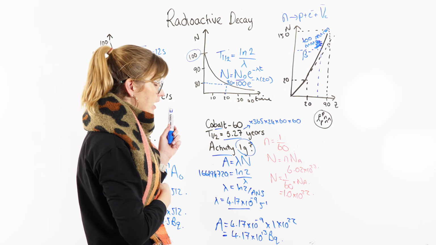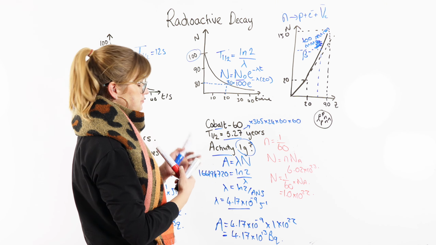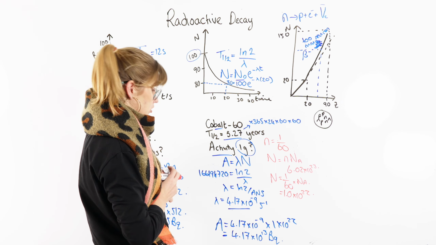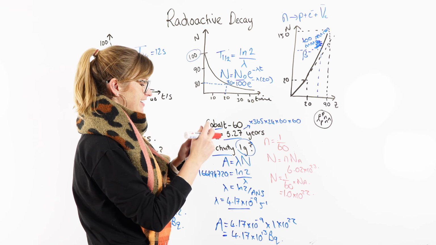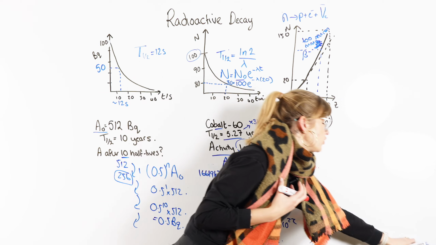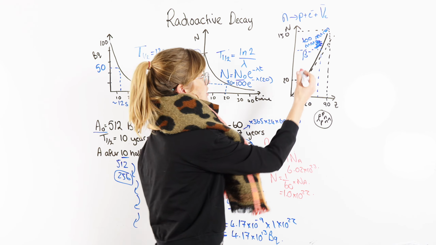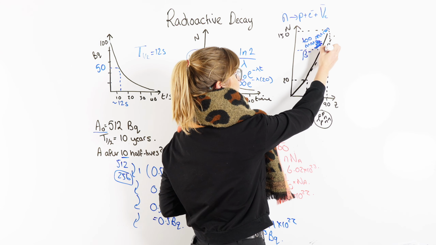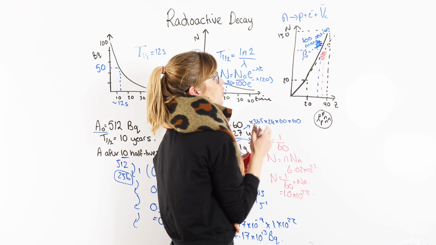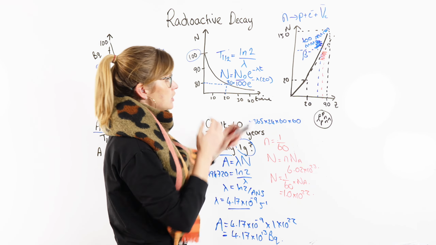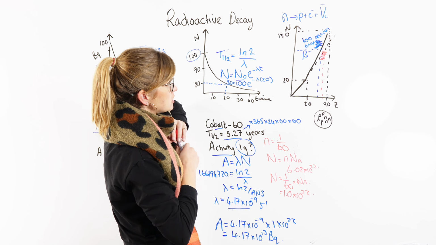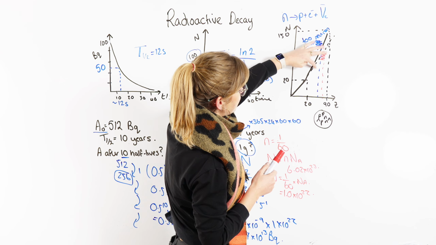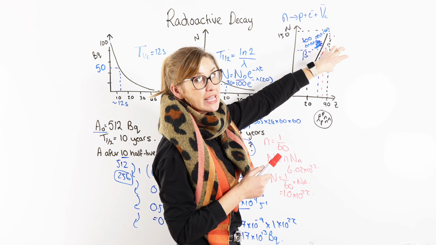If it's towards the right of that stability line, let's say it falls somewhere here. Again, if I go up to see what's happening, I can see it's got too many protons. If it's got that many neutrons, it's supposed to have that number of protons, but it's got too many.